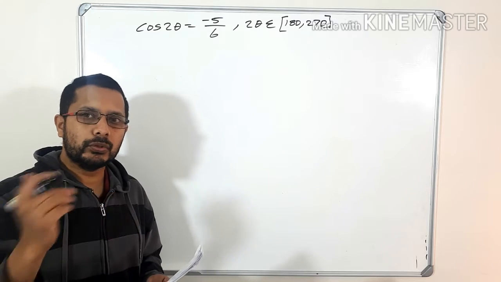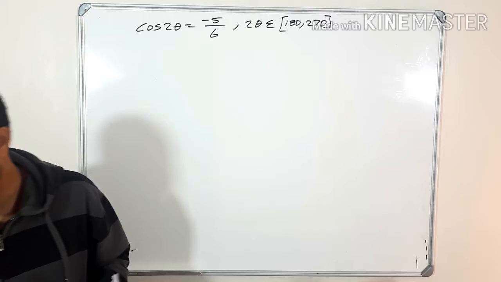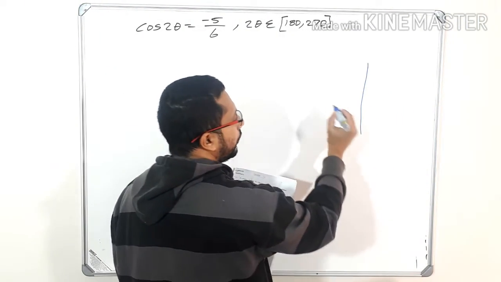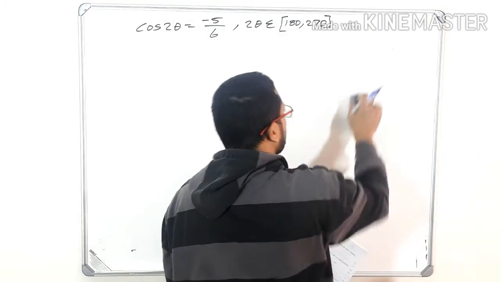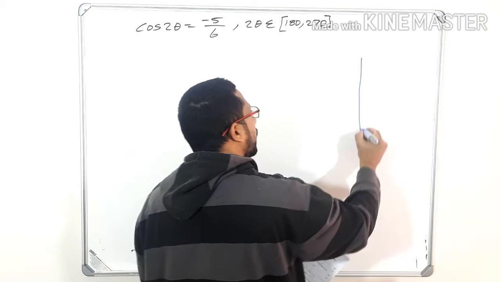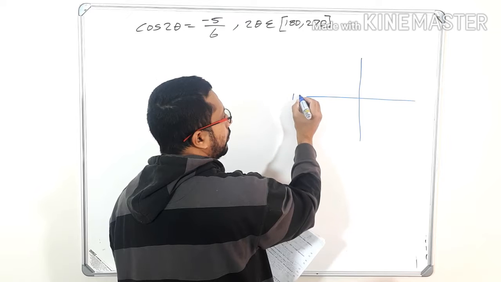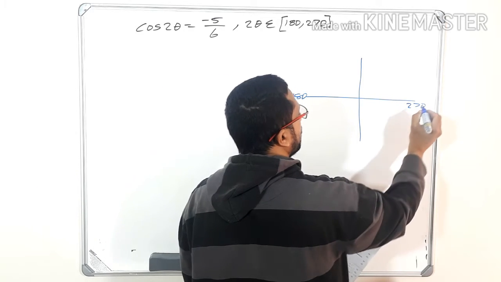This 180 to 270 means which quadrants? Assume that this is the y-axis and this is the x-axis. You know that this is 180 and this one is 270.